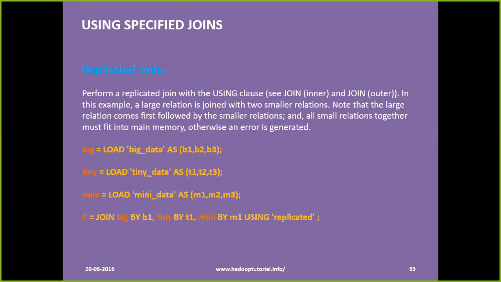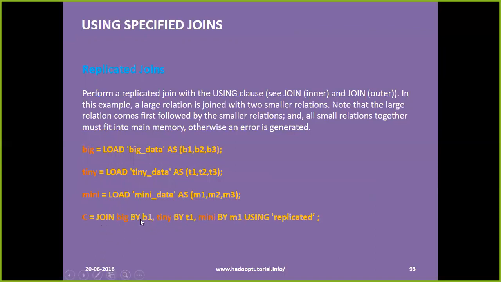Next, the replicated joins. These are suggested when you have one big table and one small table. This is similar to your distributed caching mechanism in MapReduce. You can specify this using replicated join, big by B1.